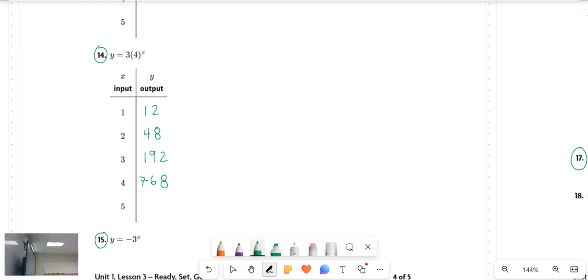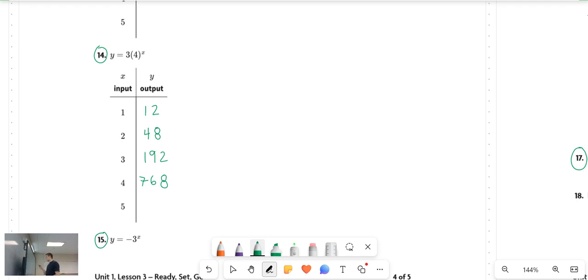We pull out a calculator here. And we do indeed get 768.